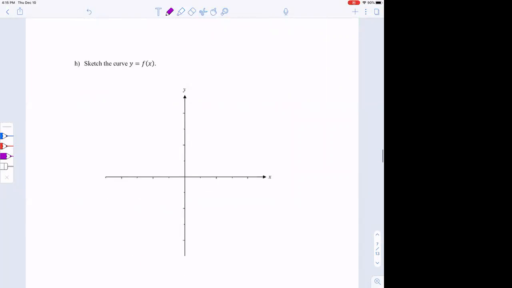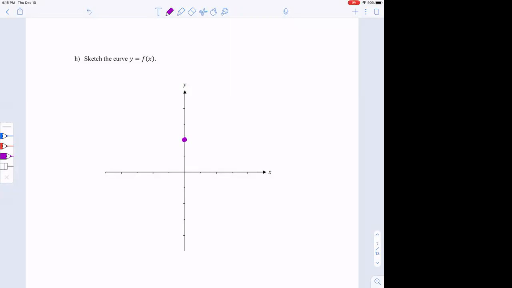Okay, so we're all ready to draw our curve. We can put it all together. Okay, so let's draw some important points down. First, we have a y-intercept at 2, so let's draw that in.